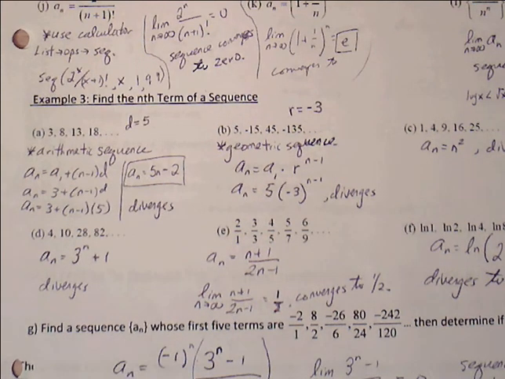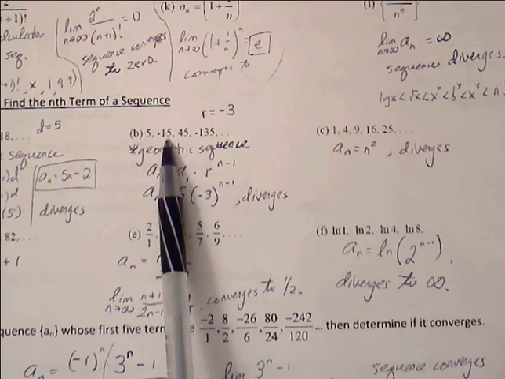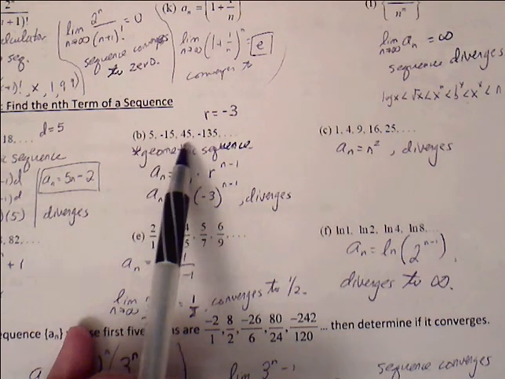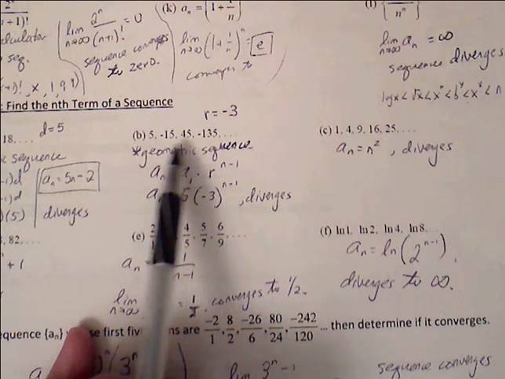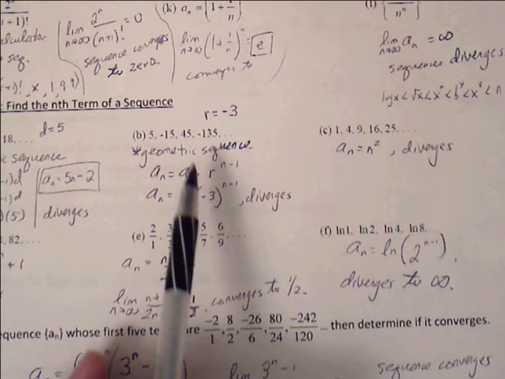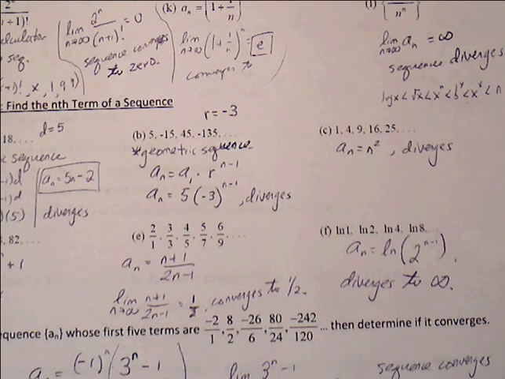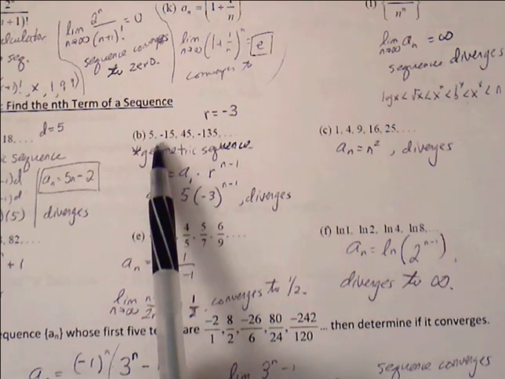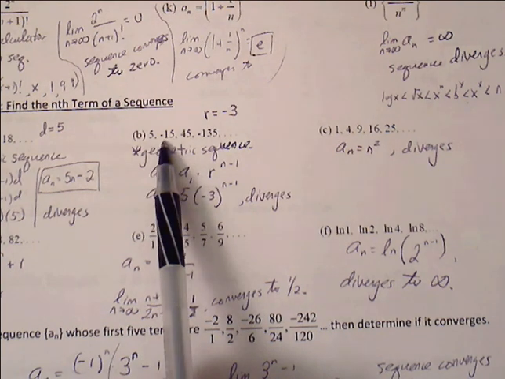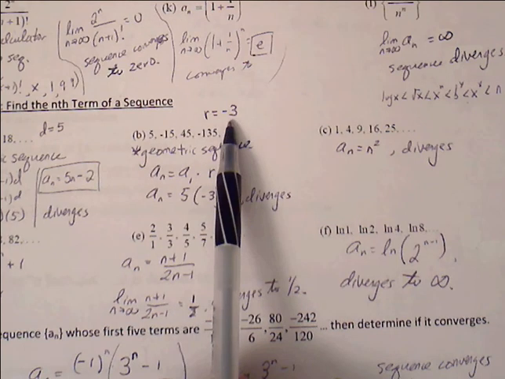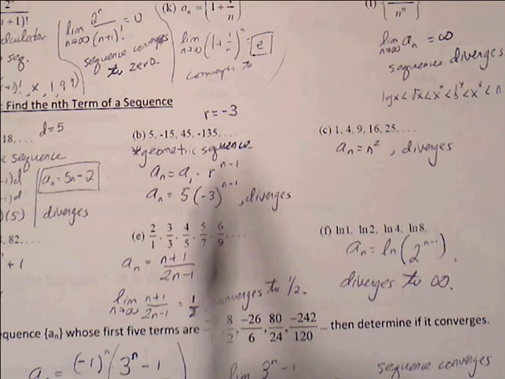Okay, for part B, we see that this sequence is following a pattern of a ratio of 3. So this value keeps increasing by a product of 3, by a factor of 3. And this is simply a geometric sequence where each value is increasing by a product of a constant.